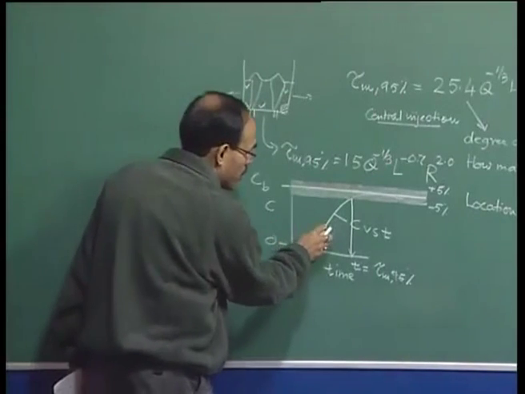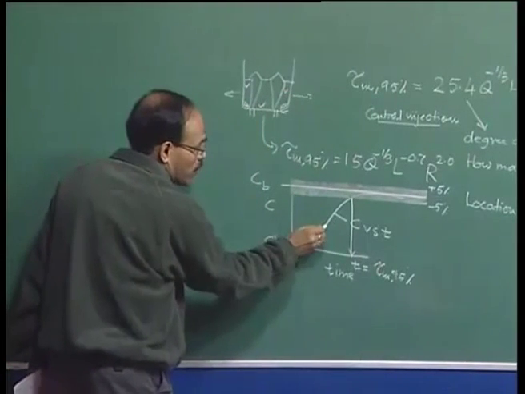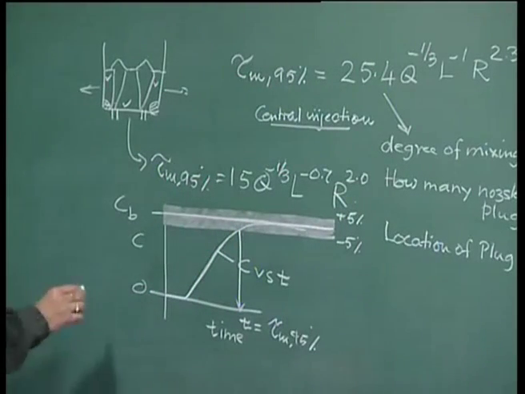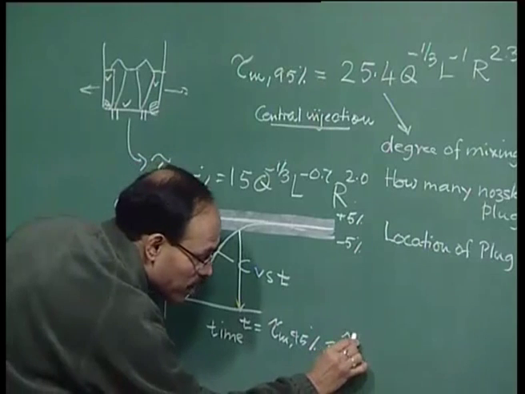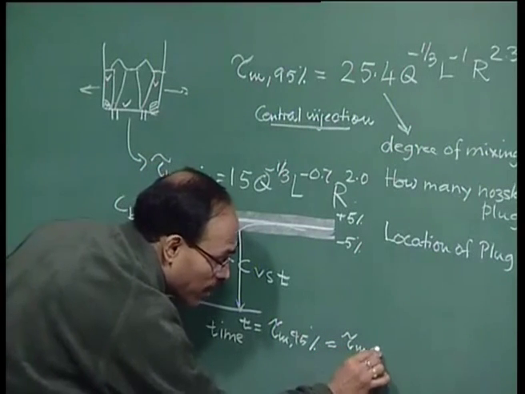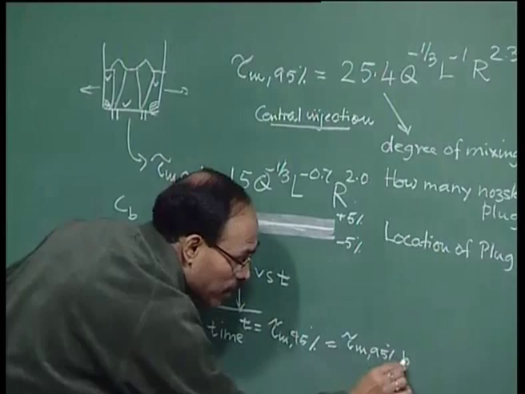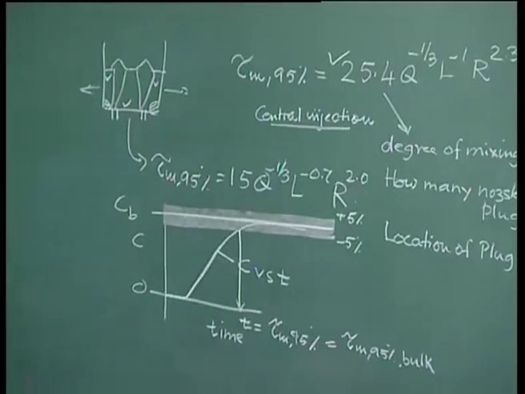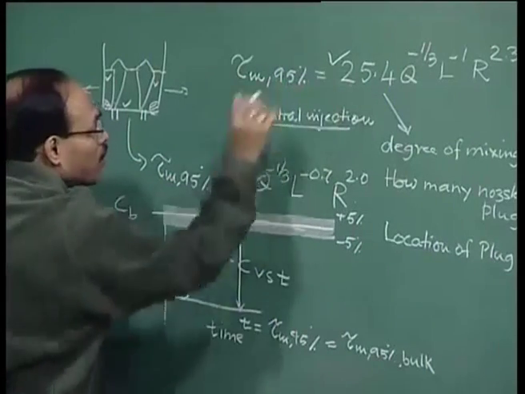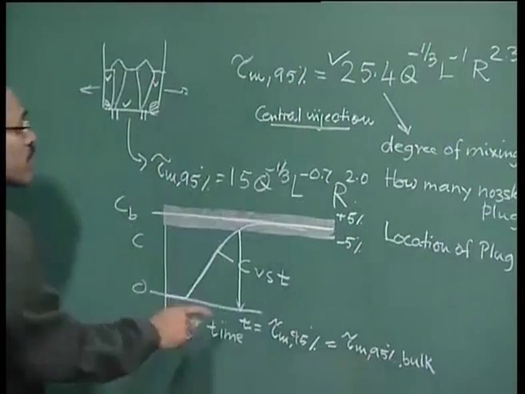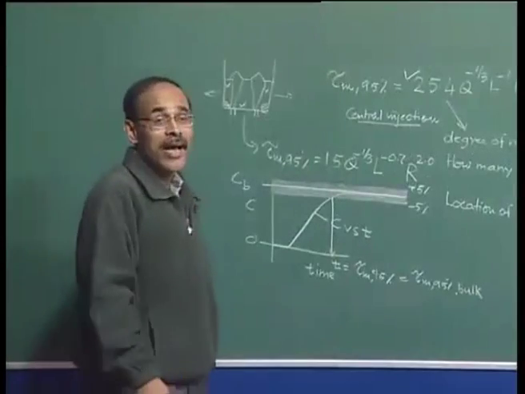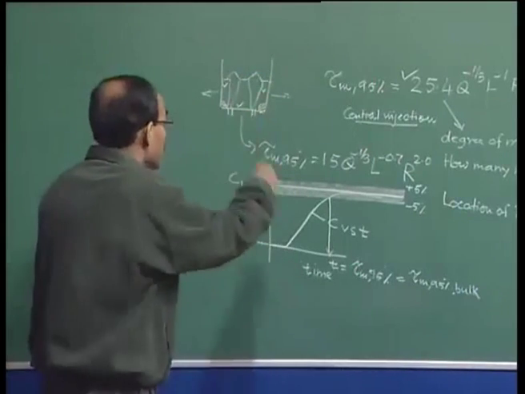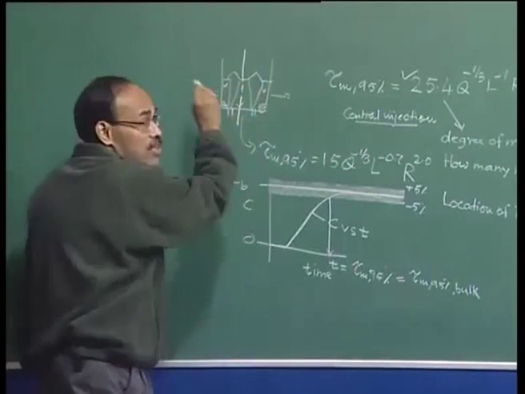If this point where I am monitoring corresponds to the characteristics of the slowest mixing region, then I can say that this mixing time is equal to tau mixing 95% bulk. This fitted constant that I have shown corresponds to bulk mixing time in a central gas injection, where I have only one single porous plug located at the geometrical central line of the system itself.